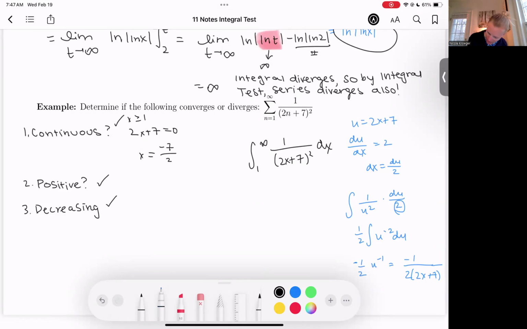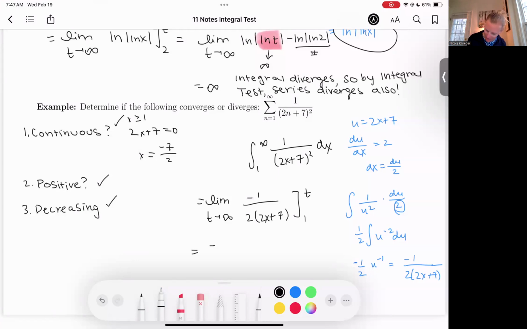So now I'm going to look at the limit as t approaches infinity of negative 1 over 2 times (2x plus 7). We're going to evaluate that from 1 to t.